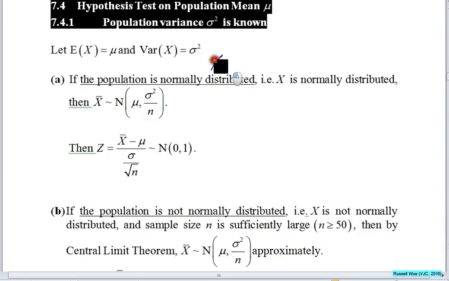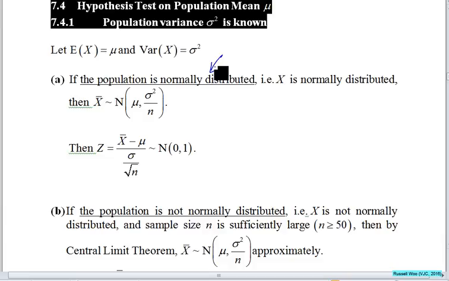Remember in our pizza delivery, if the population is normally distributed, that means X is normally distributed, X bar will be normally distributed no matter what your n is. So therefore this must be normally distributed.